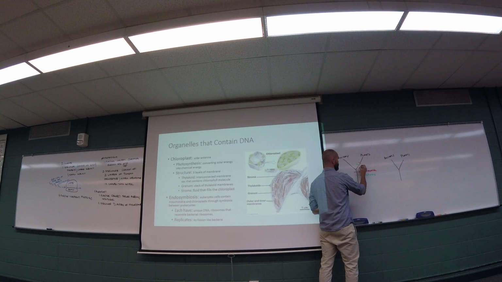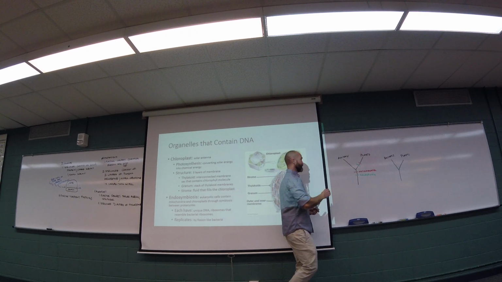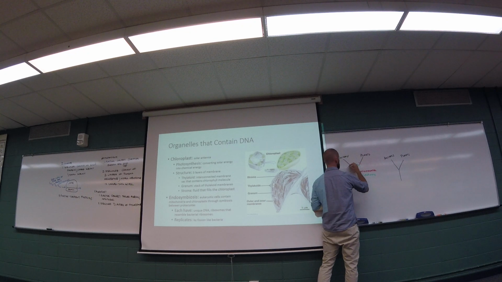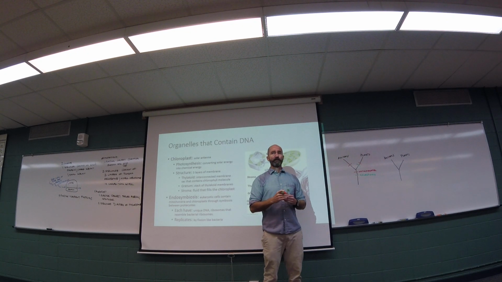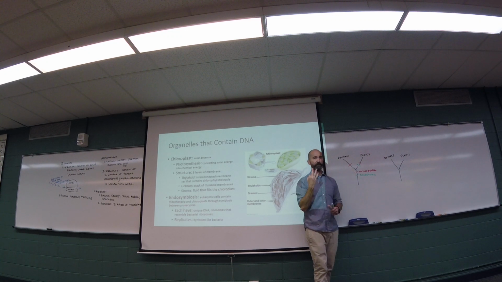Because it's just a carryover from that common ancestor. But what has to happen is animals that have the mitochondria have to lose the chloroplasts. So how many evolutionary steps does that take? It takes 1 to evolve, 2 to evolve, and then 3 to lose. So that takes 3 steps.